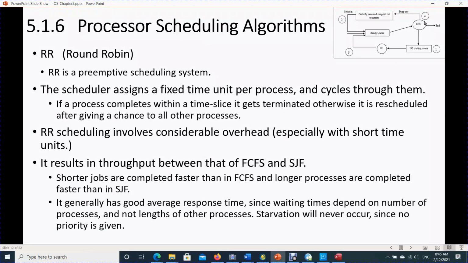Generally, it has pretty good response time. The waiting times tend to depend on how many processes there are, not on how long the other processes are. Starvation doesn't occur since no priorities are given. They go into the ready queue, and when their turn comes, they get processed.